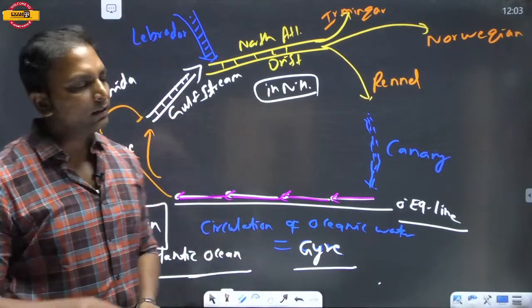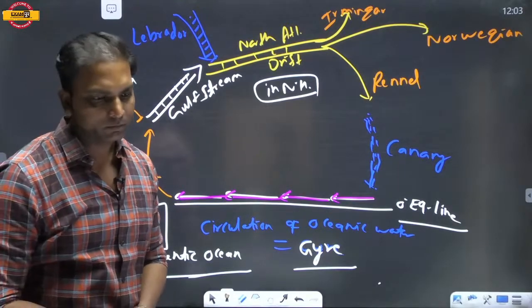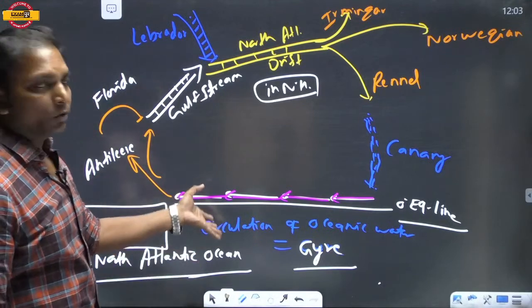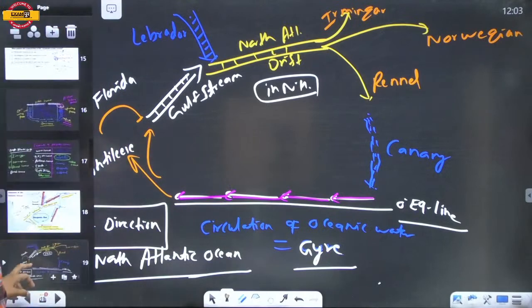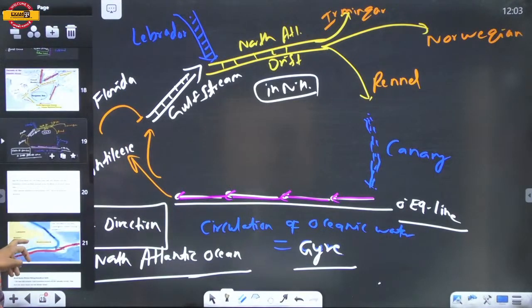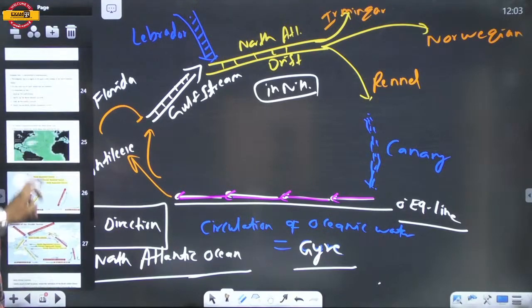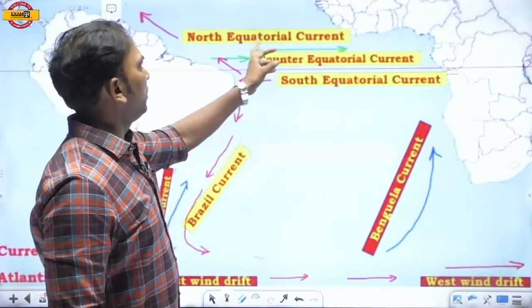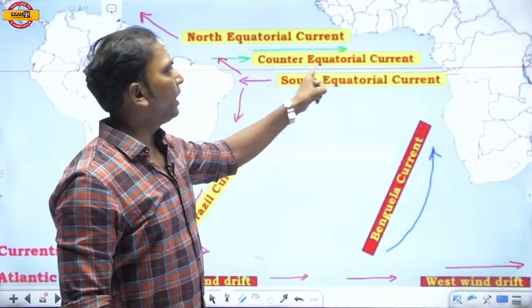Now we are coming to the Gulf Stream and the concept of North Atlantic Drift. And I will also show you the currents of the Southern Hemisphere. See here, these are the currents of the Southern Hemisphere. There is the North Equatorial current, and in between the North and the South there is a counter equatorial current.